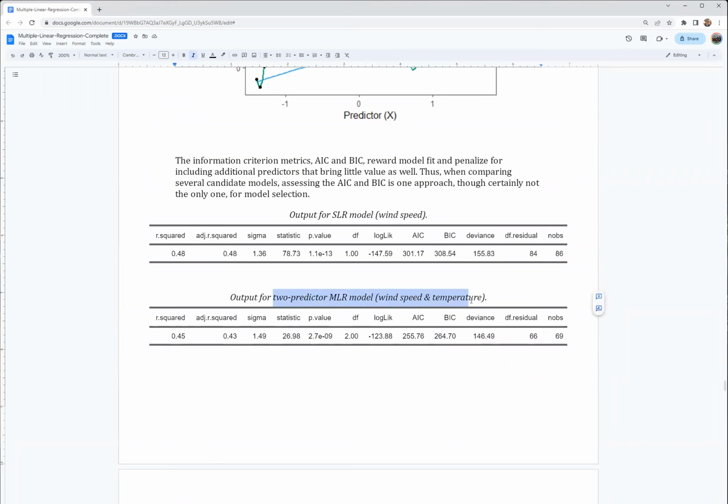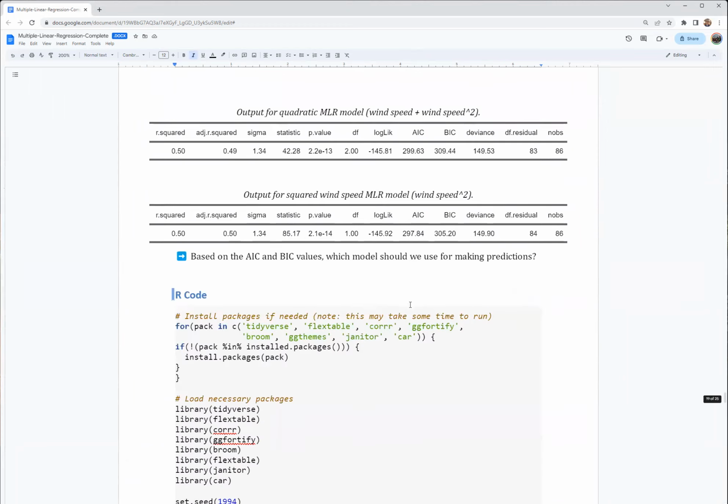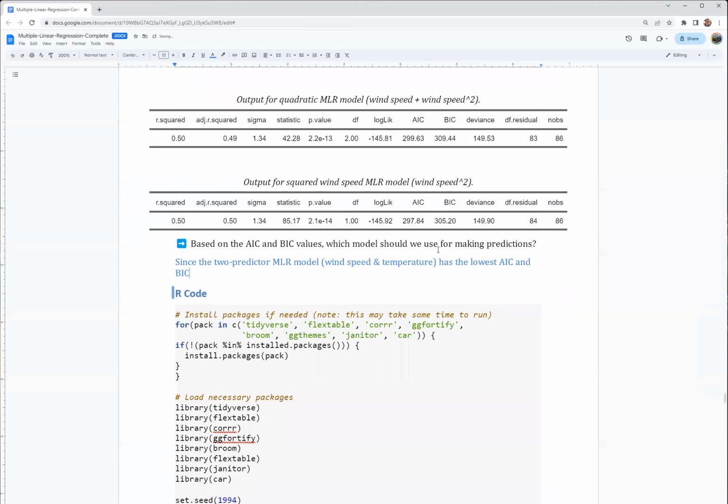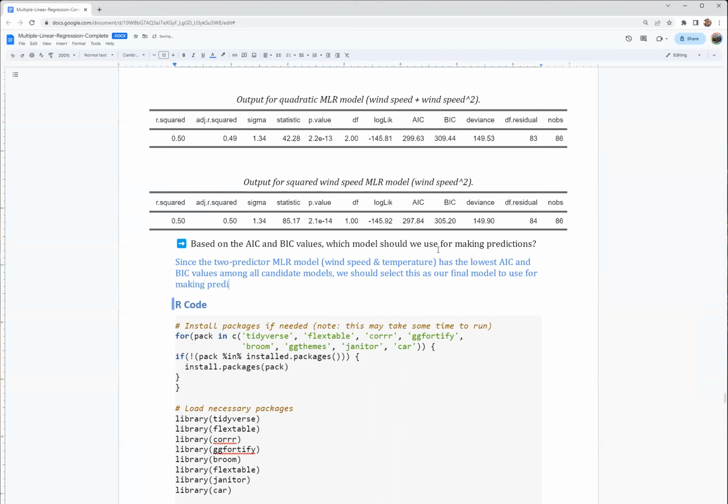So the two predictor model has the lowest AIC and BIC values among all candidate models, so we should select this as our final model to use for making predictions.